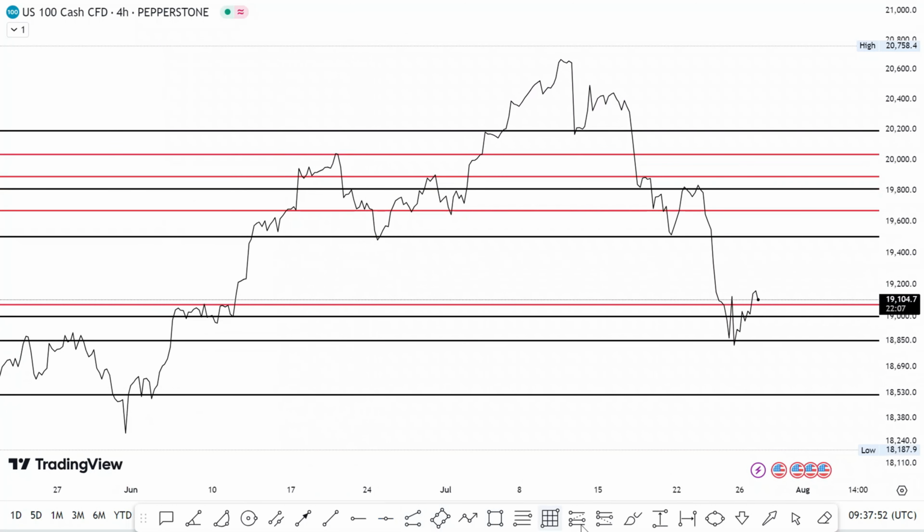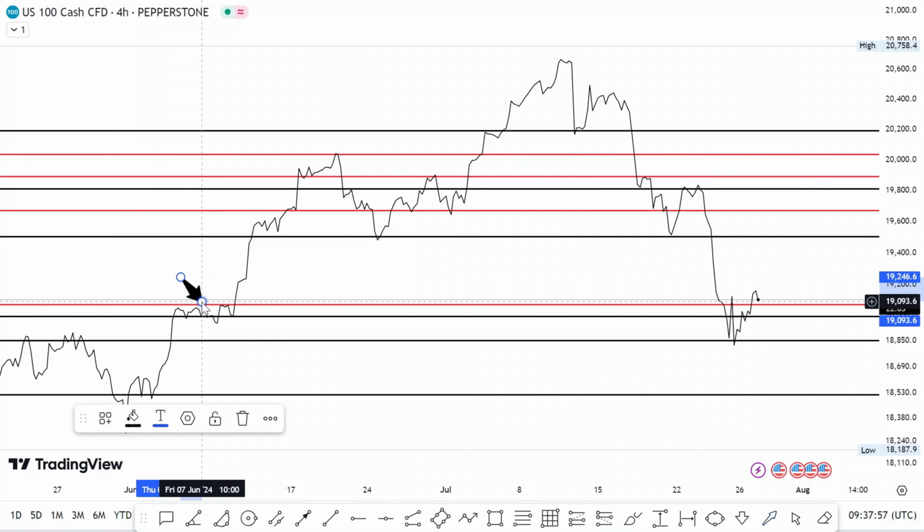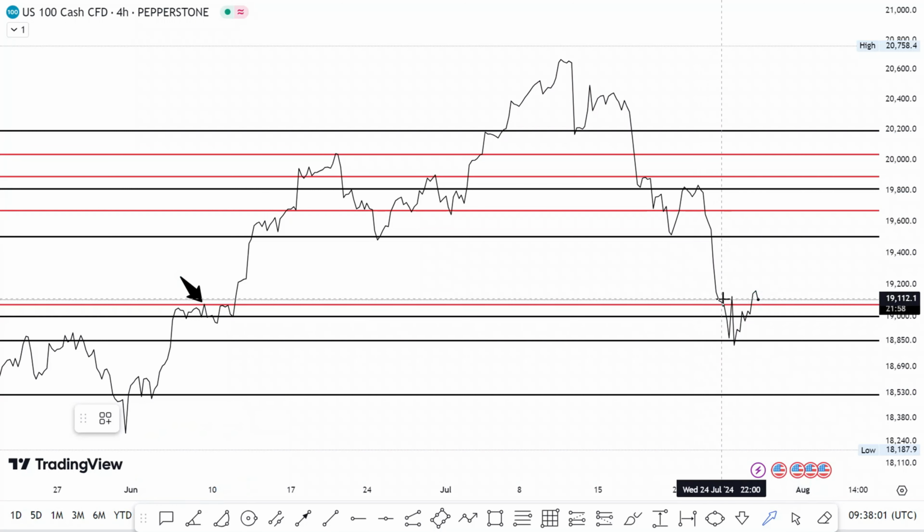You can see it acted as a resistance level here, and as some sort of resistance level here as well.